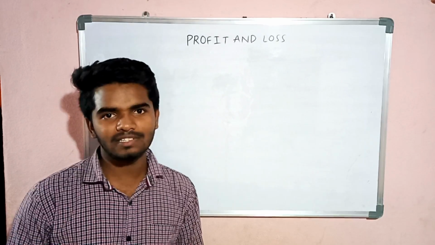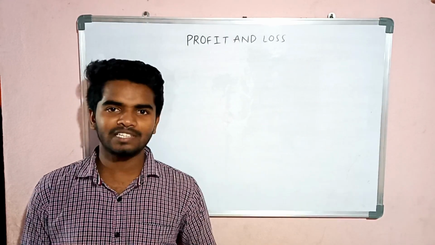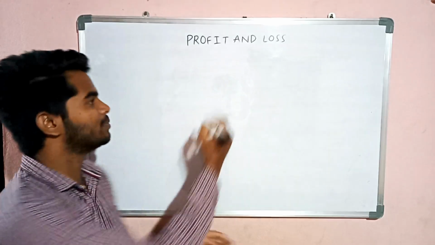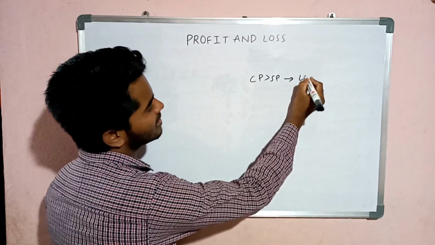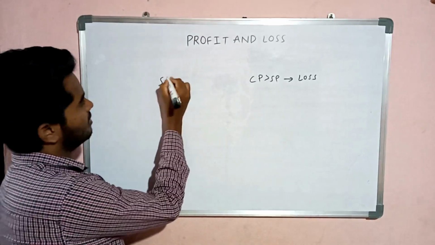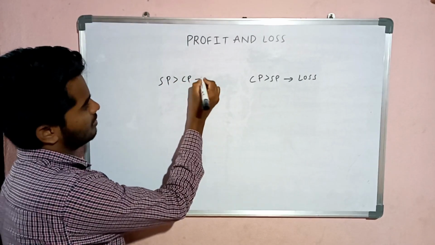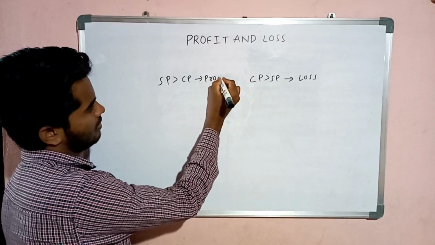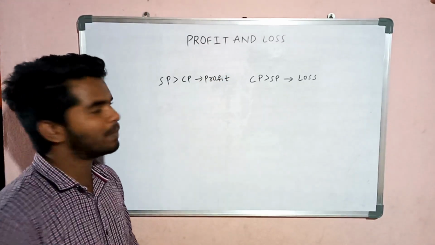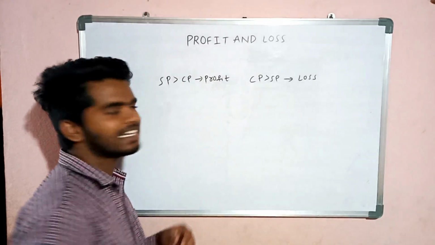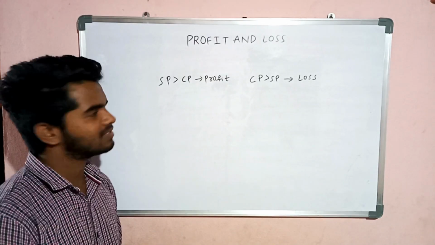Profit. What is profit? Selling price more than cost price is called profit, and cost price more than selling price is called loss.